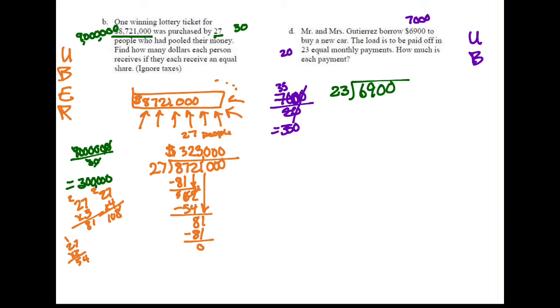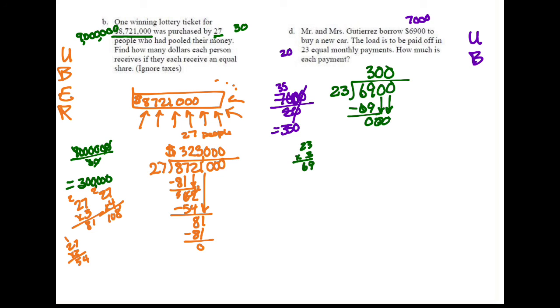Okay, so 23 doesn't go into 6, so we take it into 69. So 23 times 3 is exactly 69. So it goes in 3 times right there. And now, since we have 0 when we subtracted, and I'm bringing down zeros, I just put zeros up here as placeholders.